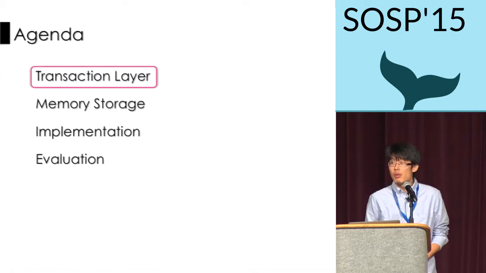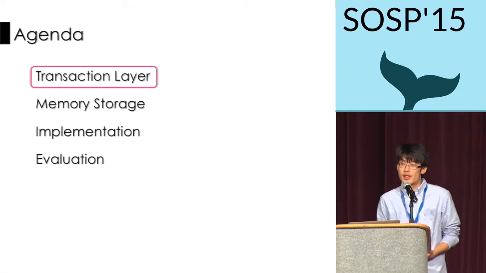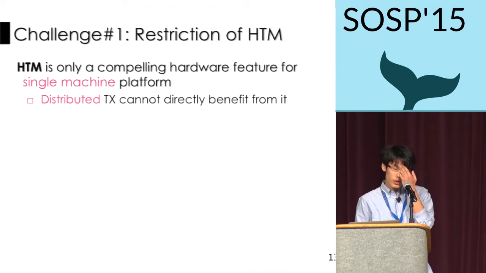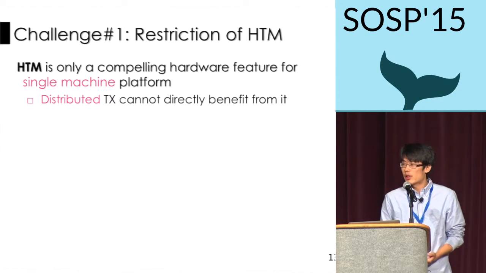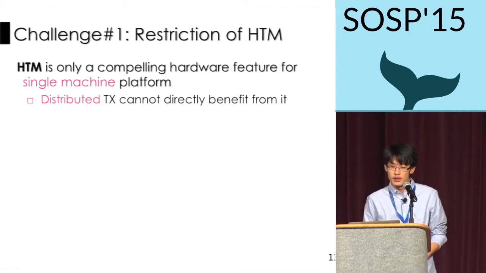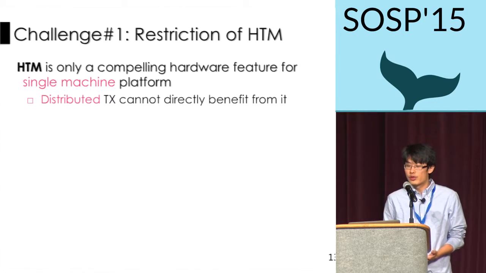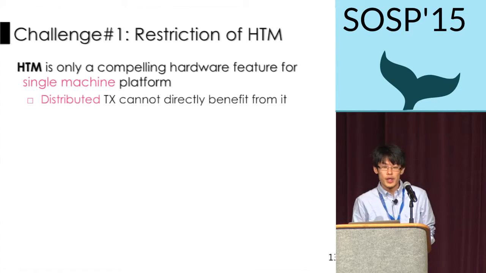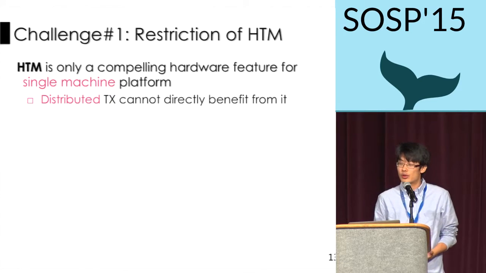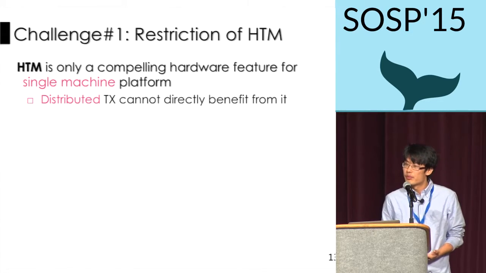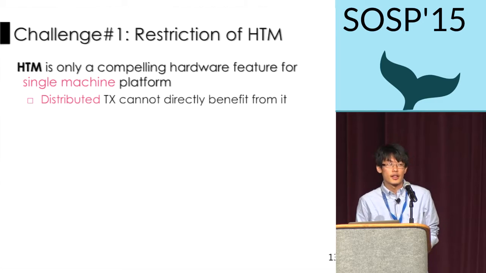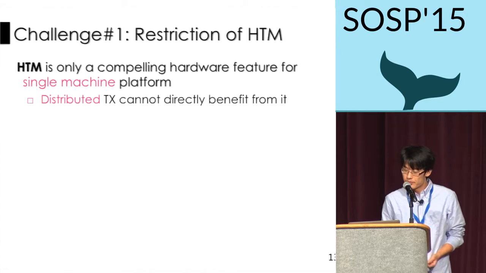I will start with our concurrency control method in the transaction layer. There are some problems with directly using HTM and RDMA operations to execute all transactions. First, HTM is only a compelling hardware feature for a single-machine platform. A distributed transaction cannot directly benefit from it, since HTM cannot detect conflicts at remote machines.